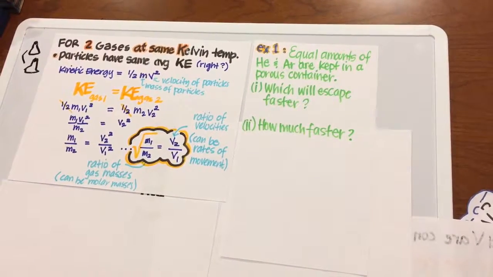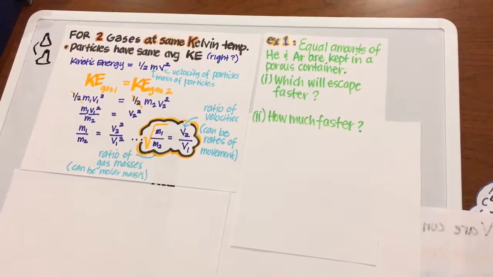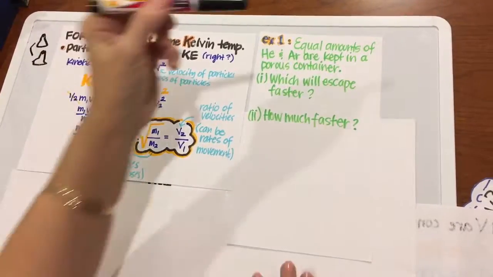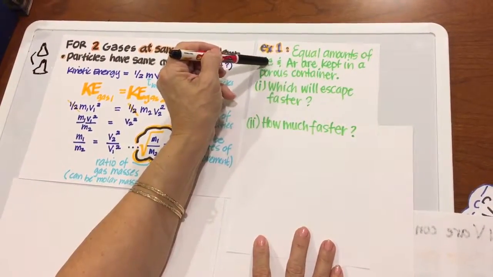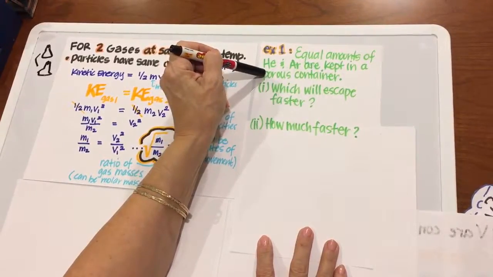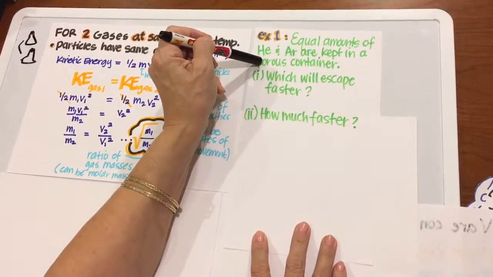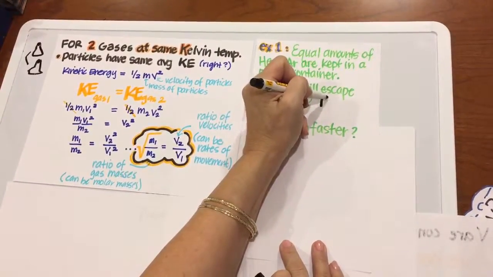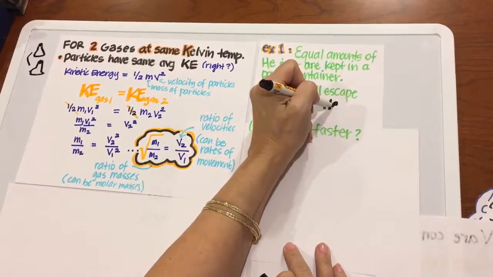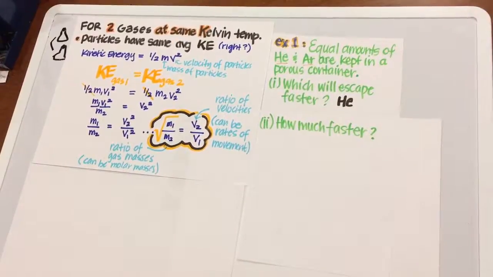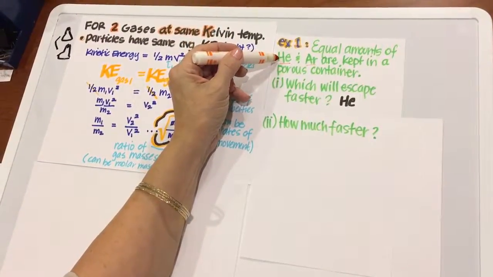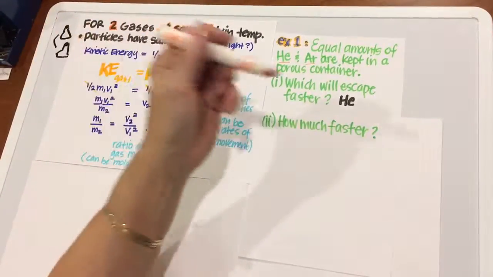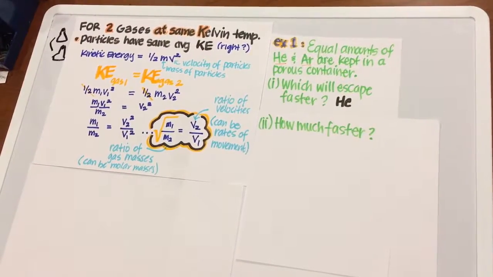Which one do you think is going to escape faster? They've got to escape through any tiny holes. So the first to escape is going to be the tinier gas. That's a little bit intuitive, but that's going to be helium. And you'd be correct. Being the smaller atom, the smaller gas particle size, helium will escape faster.